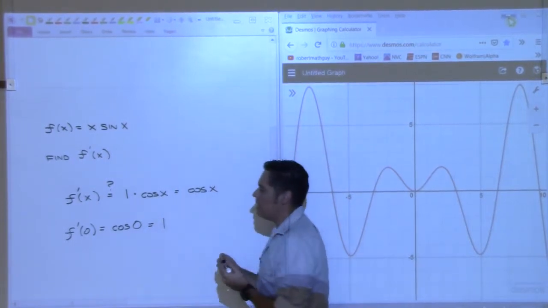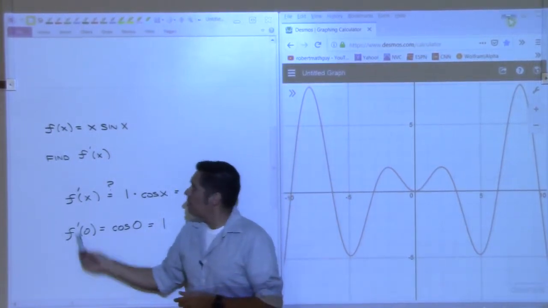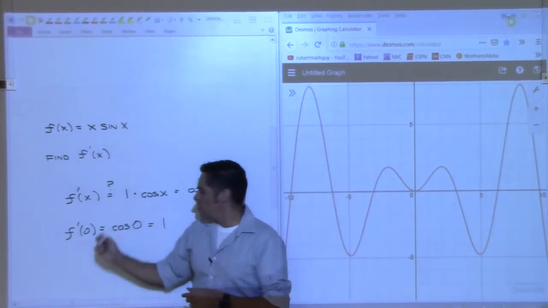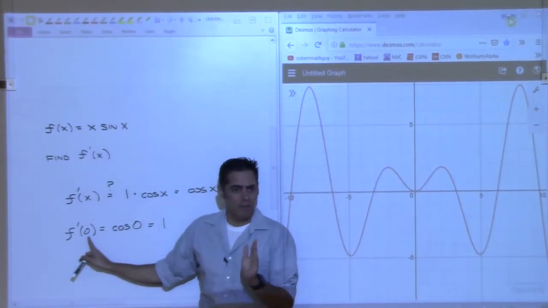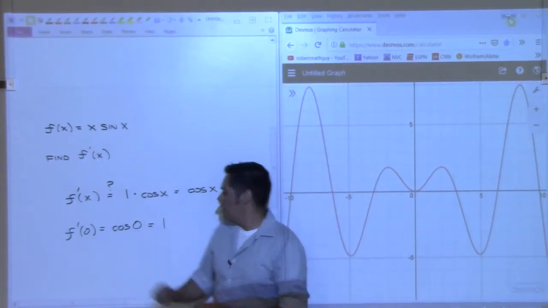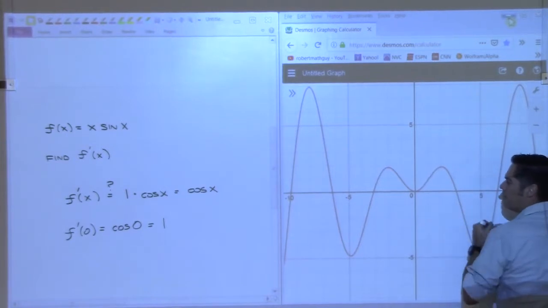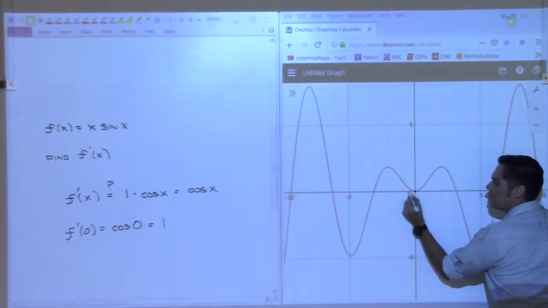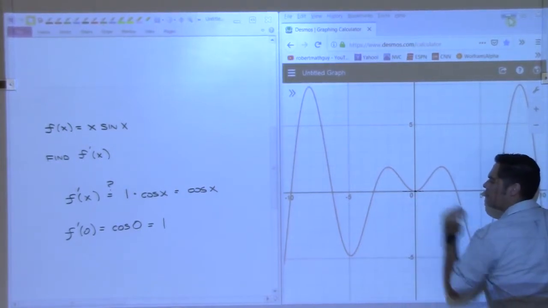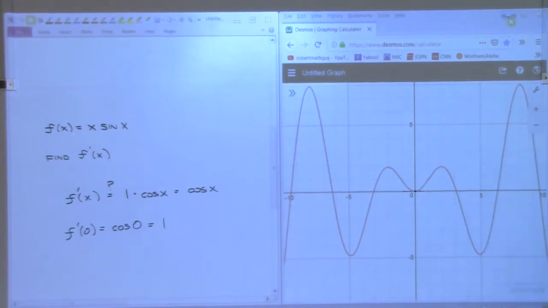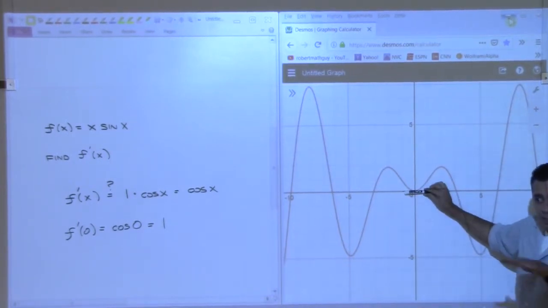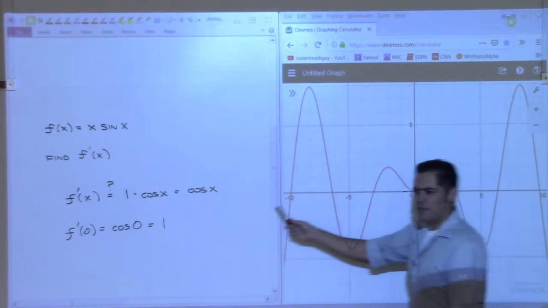So this should mean that when I go look at that function at the x value of 0, the slope of the tangent line there should be 1. And if I look at this graph, at 0, which is right there, this point, the slope of the tangent line is not 1, right? The slope of the tangent line is 0. So this is not right.